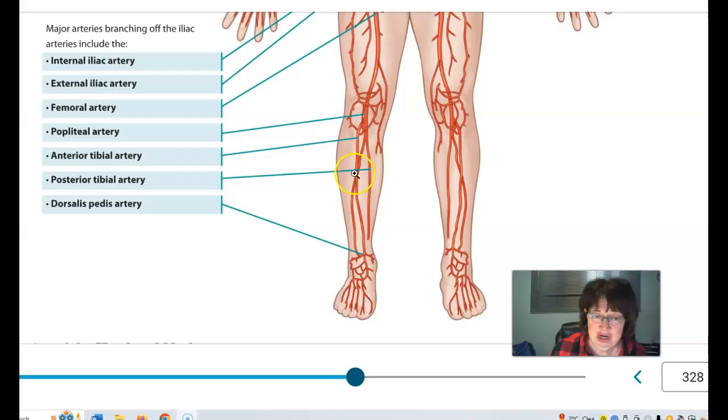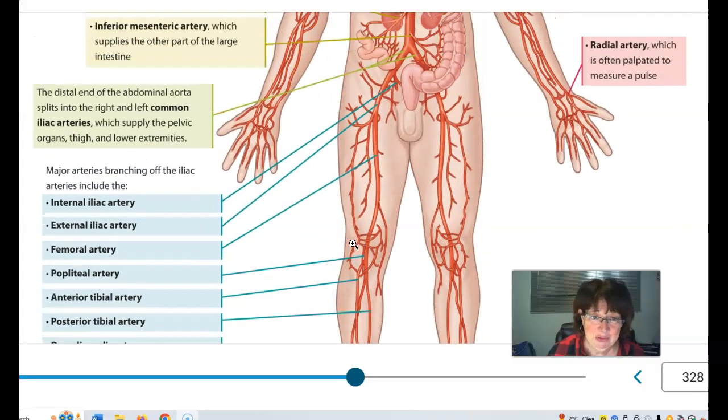So if there were some pressure on your legs, it could come down the superior, or it could come down the tibial, anterior, posterior, and it forms a loop here. So it is a beautiful example of anastomosis.